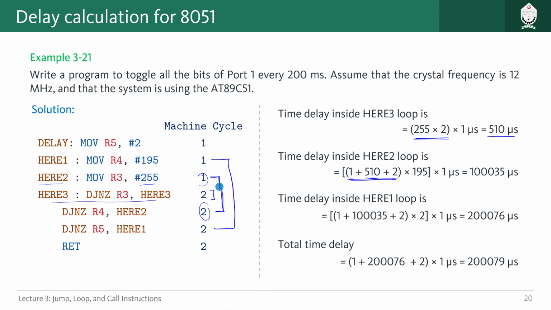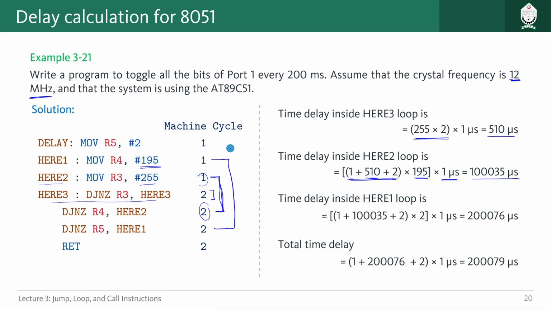And this loop is being executed for what? 195, getting looped for 195 times. So you multiply that with the amount of time taken for each machine cycle, because we are talking about a microcontroller with 12 megahertz clock frequency. So that's why this is 1 microsecond, not 1.085. You are getting this value.